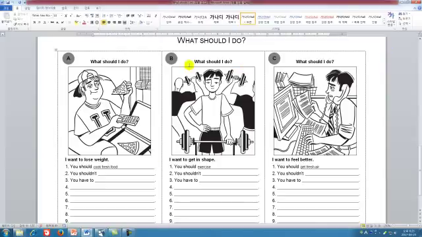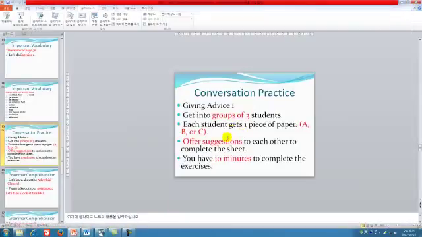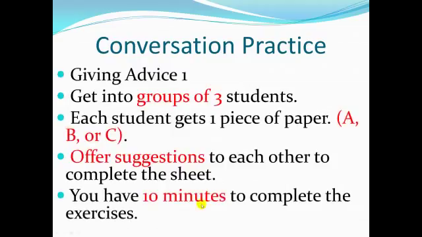Okay, there you go. So what you would really do with this, you would get into a group of 3 people, and you guys could practice your English a little bit. Like I said, you guys know the routine. Everybody gets one of those pieces of paper. Okay, offer suggestions to each other.